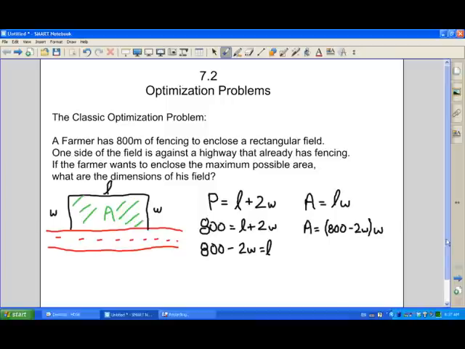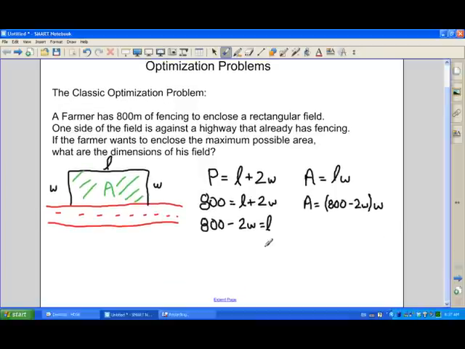So instead, I'm going to distribute. So 800W minus 2W squared. And then, remember from yesterday, we can use the derivative to help us find the max or min values.